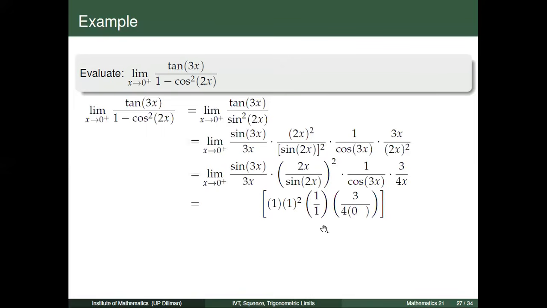So this, in effect, is of the form 3 over 0. And in this case, since x approaches 0 from the right, this factor approaches 0 through positive values. Therefore, we say that the limit of this expression as x approaches 0 from the right is positive infinity.